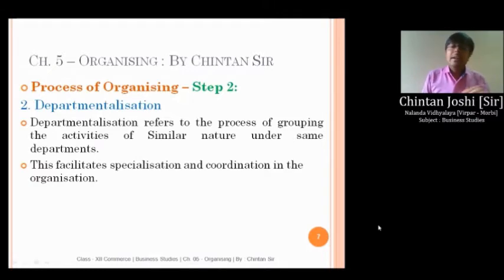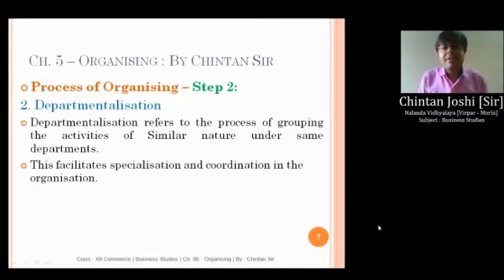Guys, in the earlier step we just went through the identification and division of work, where in the example the same kind of activities were clubbed under one title, one head. Here, the same kind of process will be done in depth.